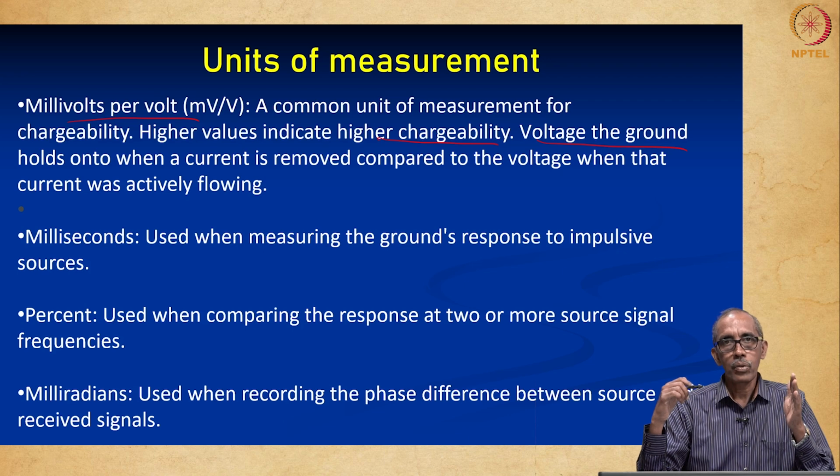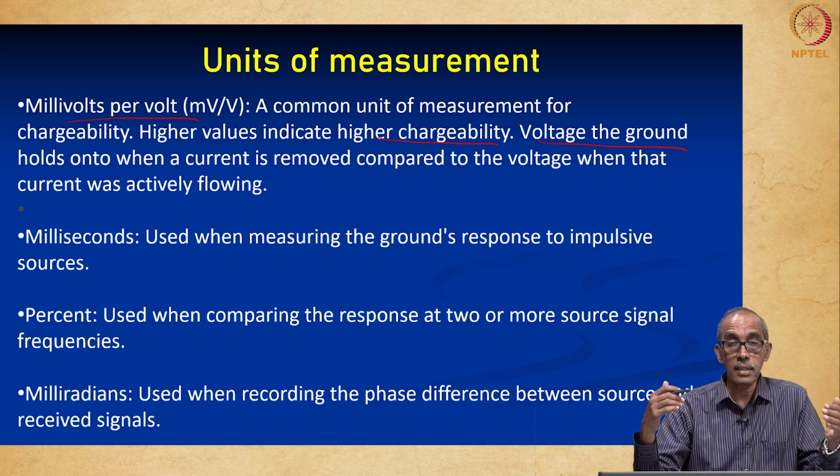So, what is this unit? In this unit, we are comparing the voltage that was measured when the application of current was made and the voltage that was existing after the application of current. It is something like we are comparing the voltage which we have measured in the resistivity method.